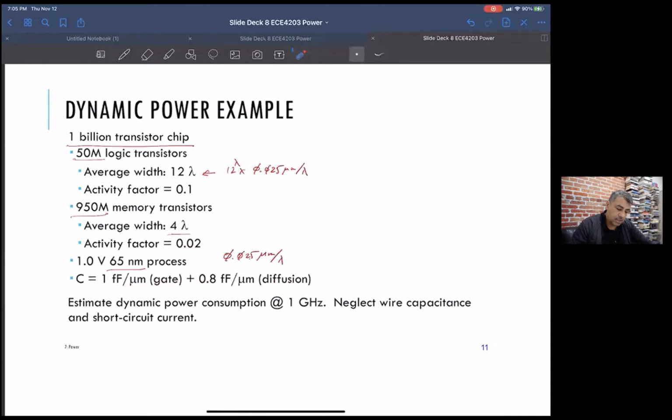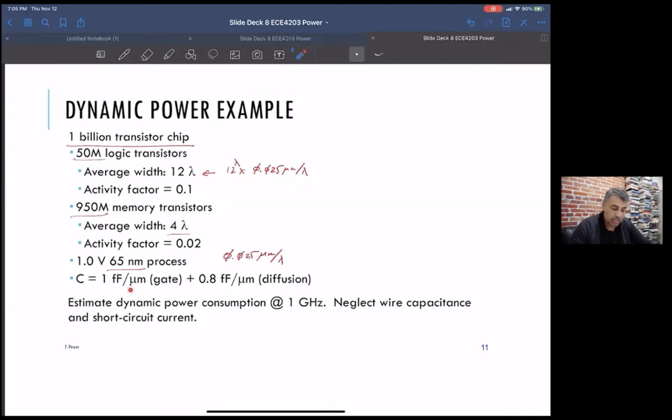Okay, notice, by the way, a lot of times when you see capacitance values, gate widths, etc., the assumption is you have a minimum length transistor. There's no reason usually in logic to make things longer than minimum length. So this is all in microns, assuming minimum length.